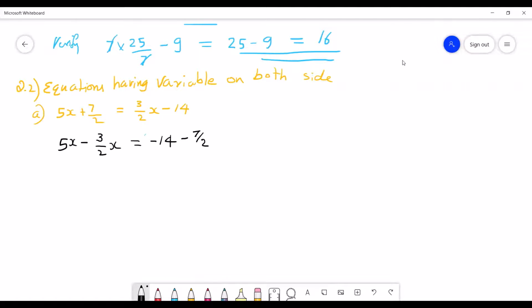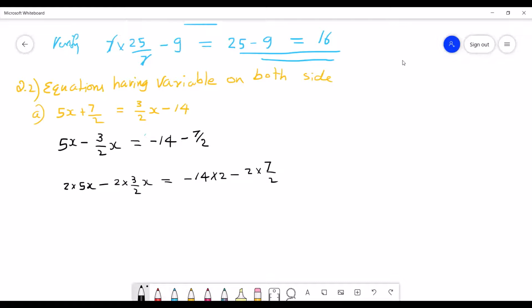See, if you want, you can multiply throughout with 2 so that the denominator will get cancelled and there won't be any fractions. Let us multiply everywhere with 2. So this will be 2 into 5x minus 2 into 3 by 2 x is equal to minus 14 into 2 minus 2 into 7 by 2.